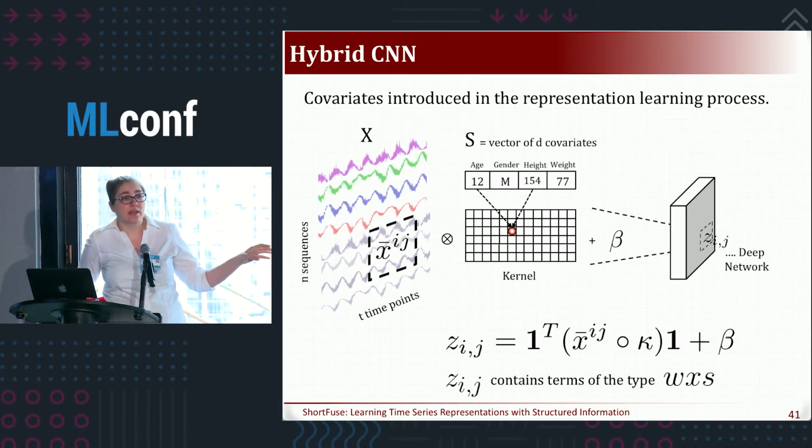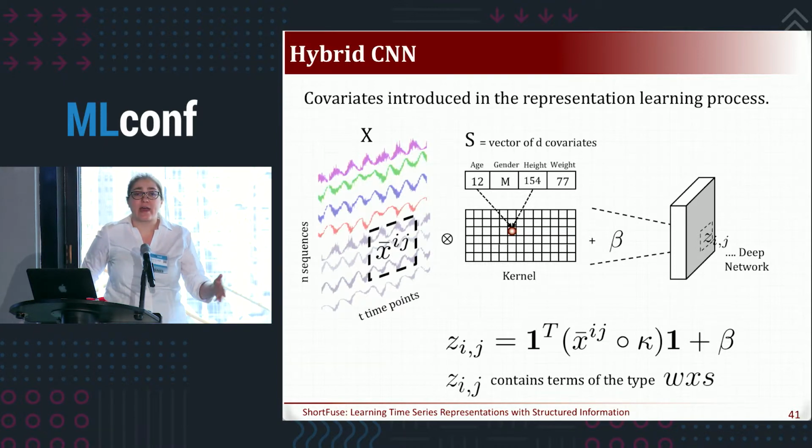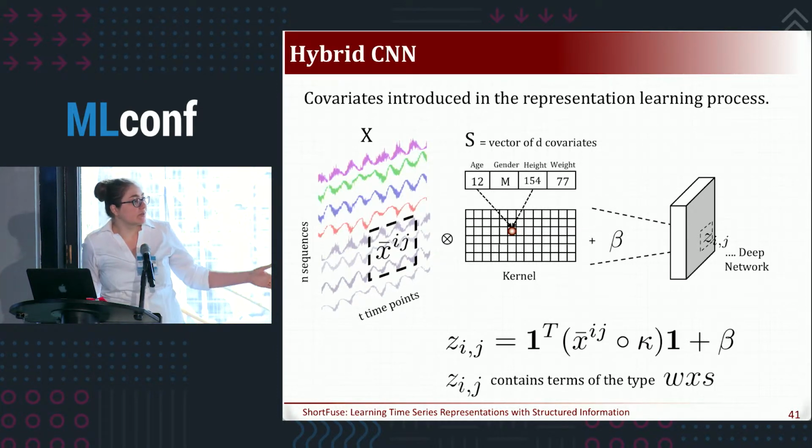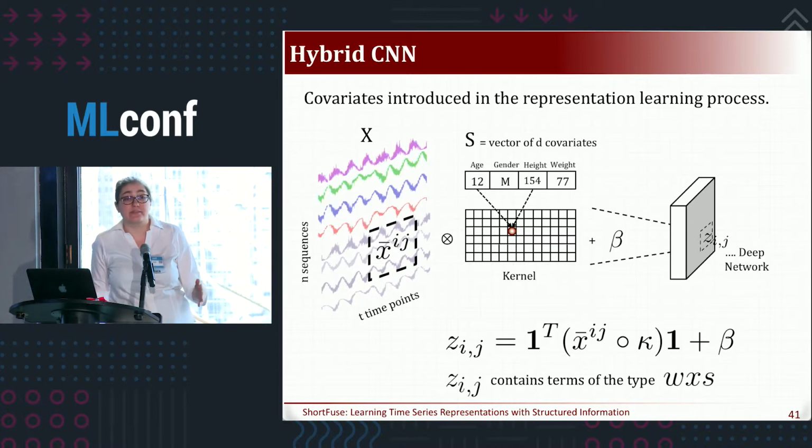So that's how I can encode the maximum physical activity for subjects with a specific type of BMI, or averages for subjects with a different characteristic. So this model is considerably more flexible than other models that just fuse the representations of the time series and the covariates at the end of the pipeline.